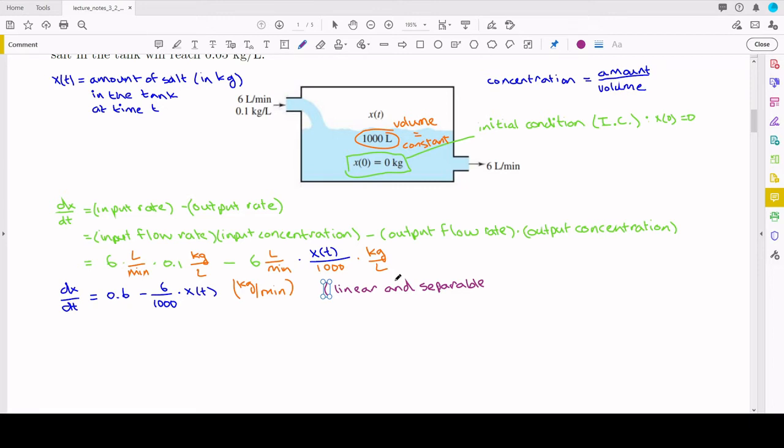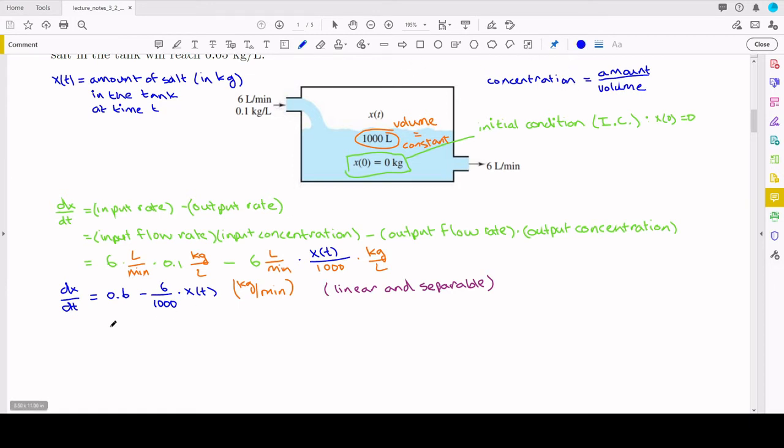So the way I will solve it is as a separable equation. And then what you could do is look at this as a linear equation and solve it that way and see if you can find the same answer. So let me write down the equation.